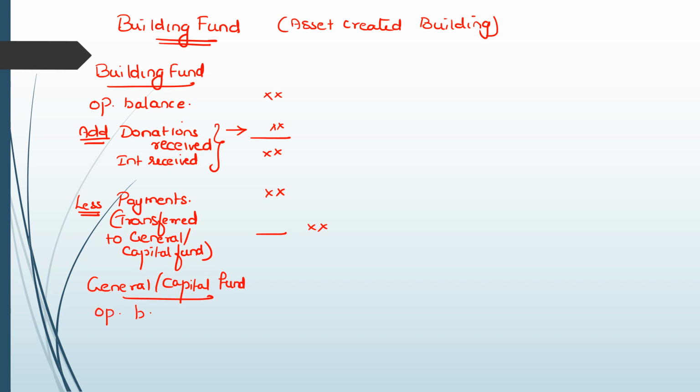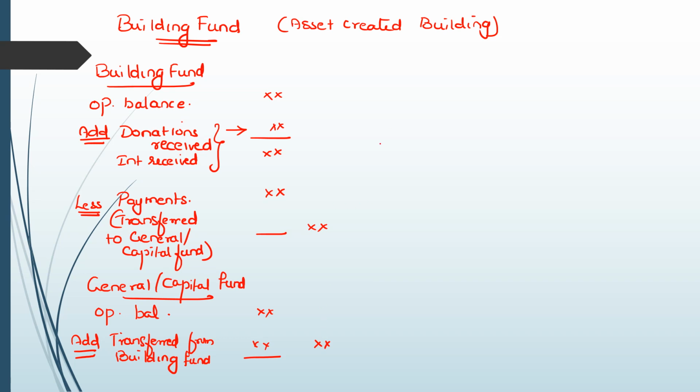It would also have an opening balance. Now this amount which has been subtracted from the building fund would be added to the general fund. So you will write transferred from building fund. So whatever was subtracted there gets added to the general fund, and the total would appear in the outer column.